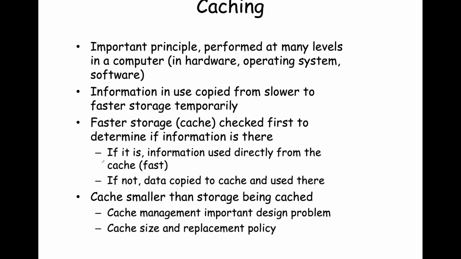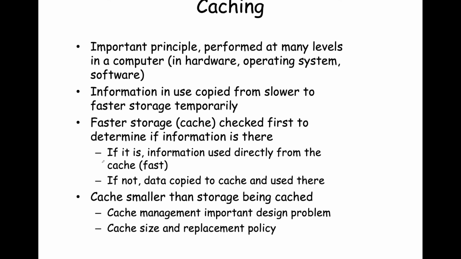Okay, so what is caching? Caching is an important principle and it's performed at many different levels in the computer. It's done in hardware, done in the operating system. It's even done across machines and servers. Information in use is typically copied from slower storage temporarily to faster storage, and this faster storage is called a cache. This is what's first consulted to determine if the information is there. If the information is there, it's used directly from that fast memory.